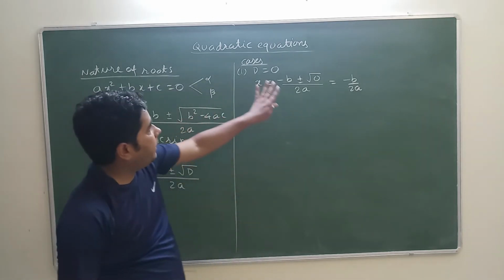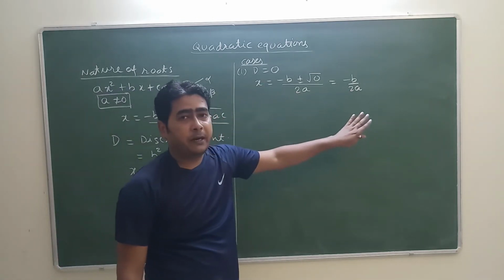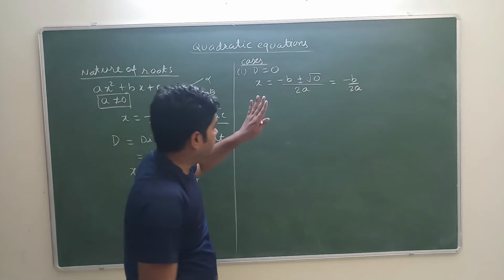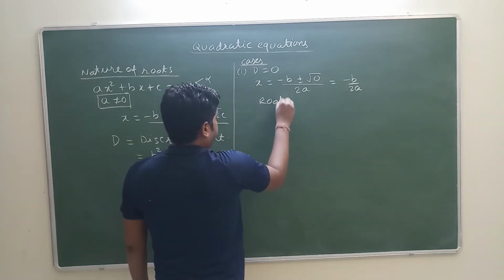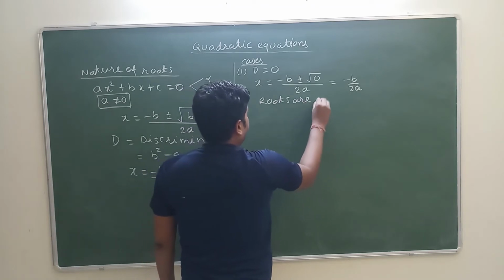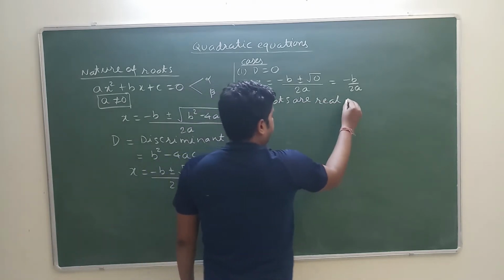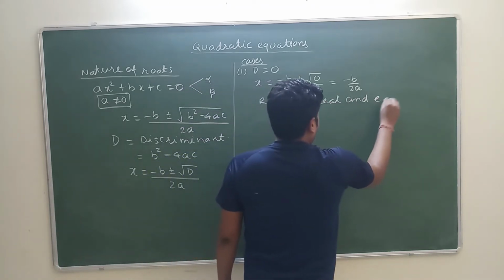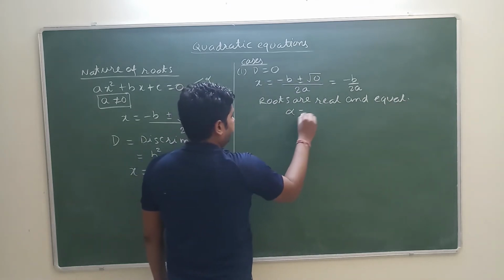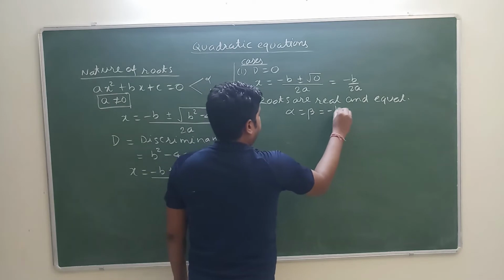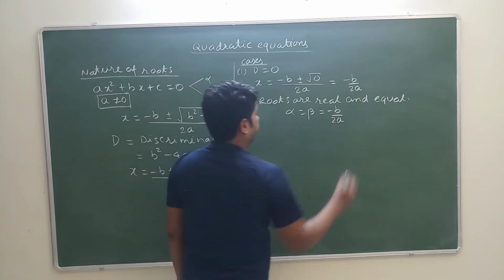Means alpha and beta both will be minus b by 2a. So in this situation, you will say the roots are real and equal. Both will be equal to minus b upon 2a.